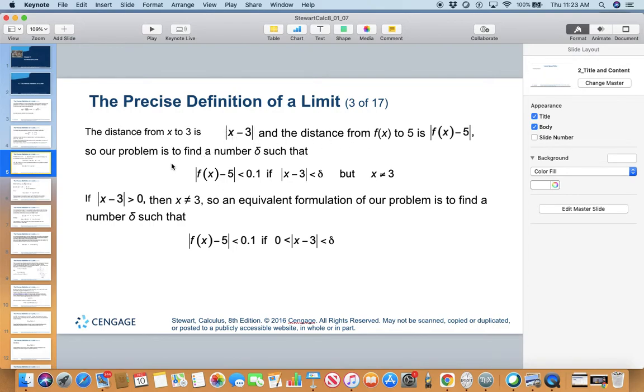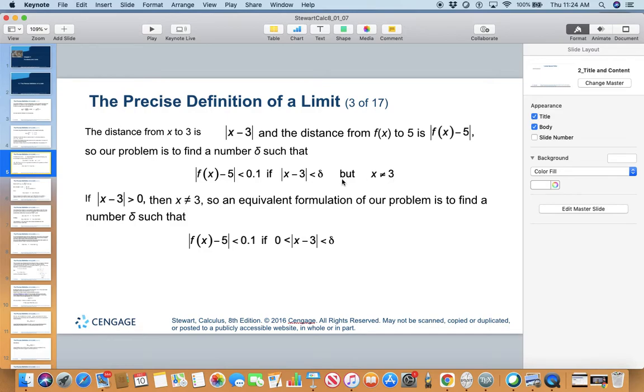So the question is to find a number delta, that symbol is the Greek letter delta, such that the distance between f(x) and 5 is less than 0.1 if the distance between x and 3 is less than delta. But x is not 3.